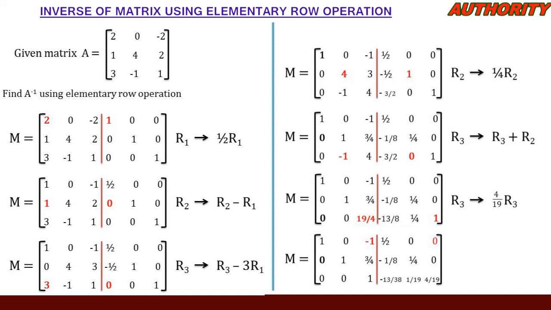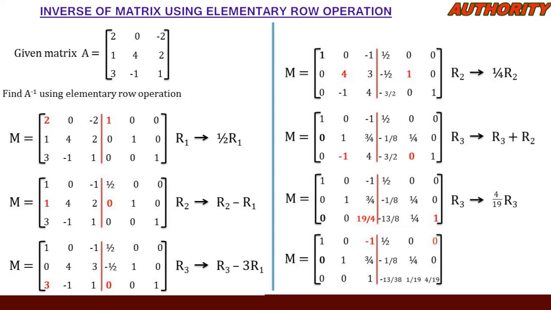The next element is 19 all over 4. So 19 all over 4 multiplied by 4 all over 19 is equal to 1. The next element is minus 13 all over 8. So minus 13 all over 8 multiplied by 4 all over 19 is going to give you minus 13 all over 38. Okay, now the next element is 1 all over 4.